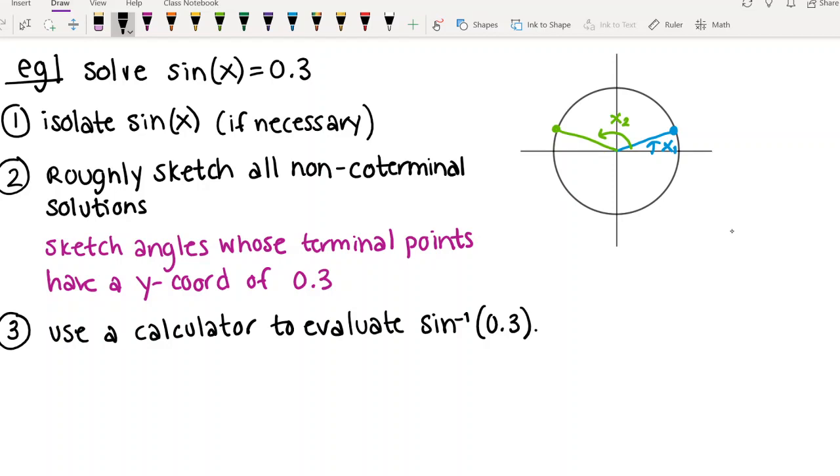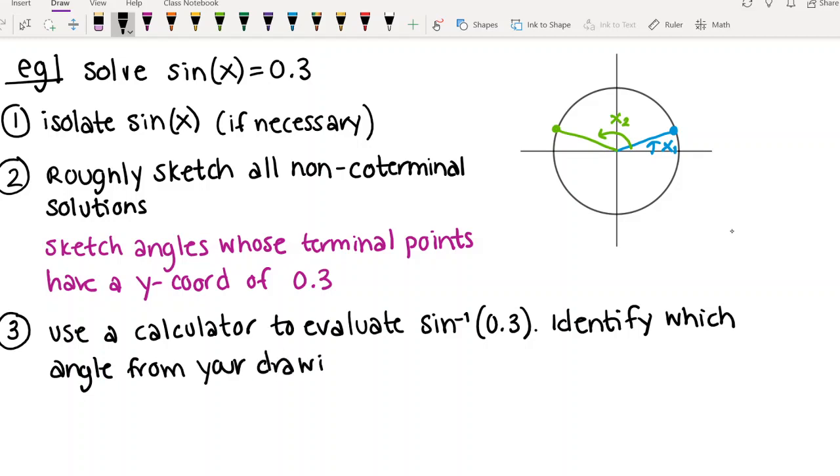And then after we do that, we also need to identify which angle from your drawing inverse sine of 0.3 is equal to, because it's going to be one of the angles that we drew on the unit circle.